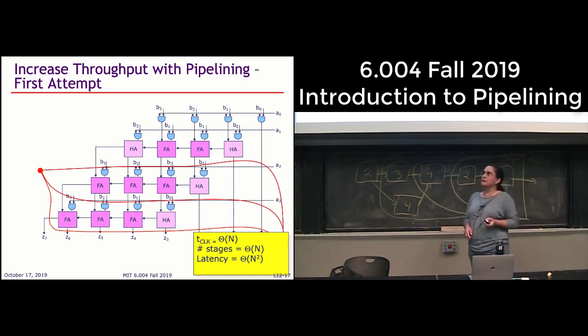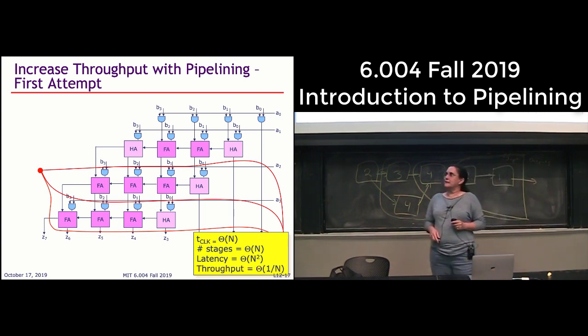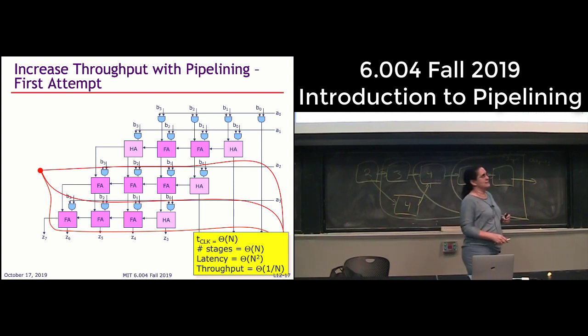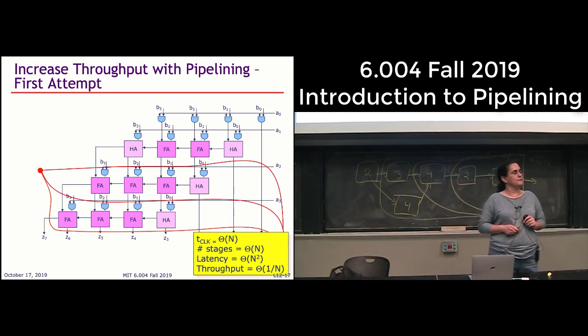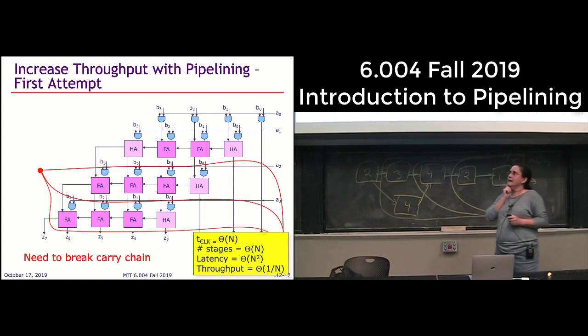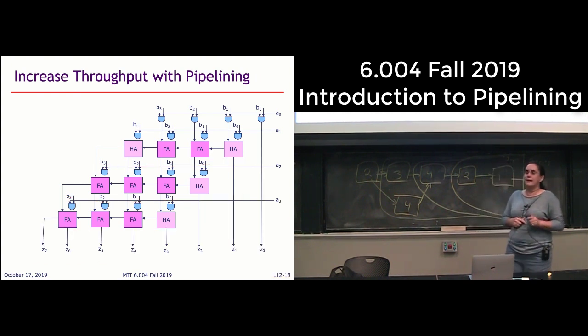And what's my throughput going to be? My throughput is going to be 1 over n, because it's 1 over the clock period for this circuit. Okay? So let's see if we can do better. Well, what we want to do, basically, is break this long chain when we draw our contours. So we're going to try again.